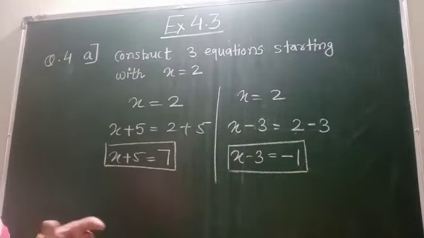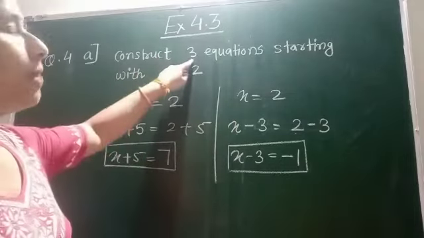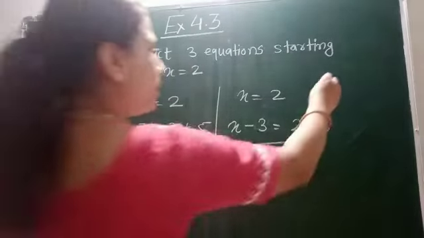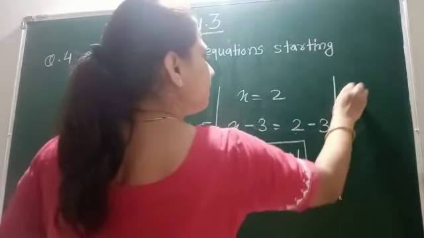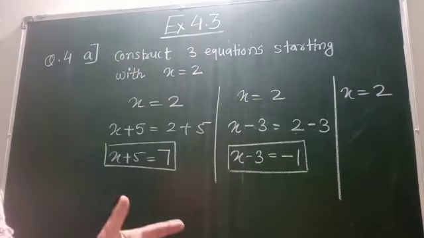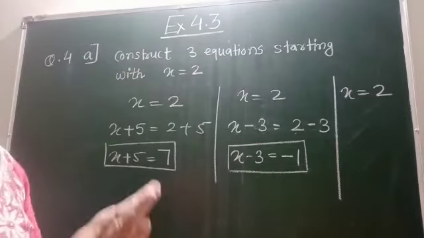Similarly, we can make uncountable equations with the help of this x equals 2. But how many equations do we have to make here? 3. 2 we already made. Now we will make the third one. Now I am using the multiplication property. We can multiply the same number on both sides.